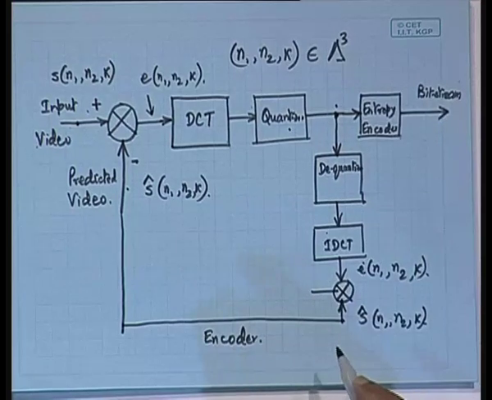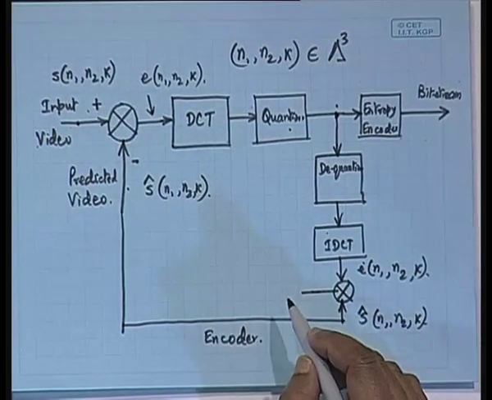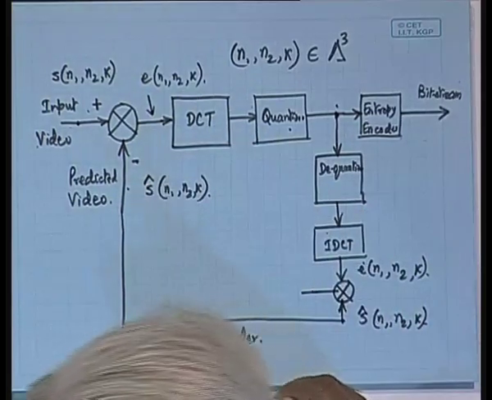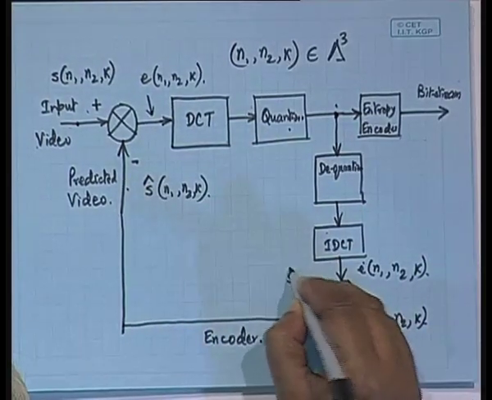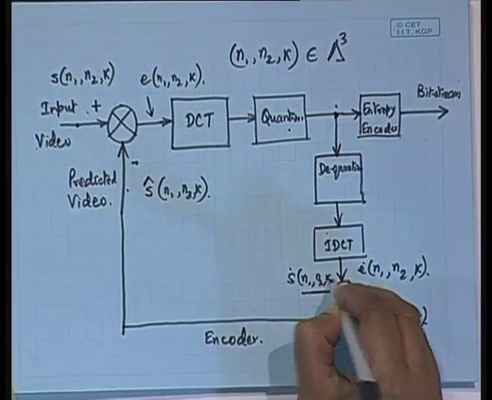We obtain S dot n1 n2 k, exactly what the decoder is also able to obtain, provided there is a good mechanism of getting the predicted video.